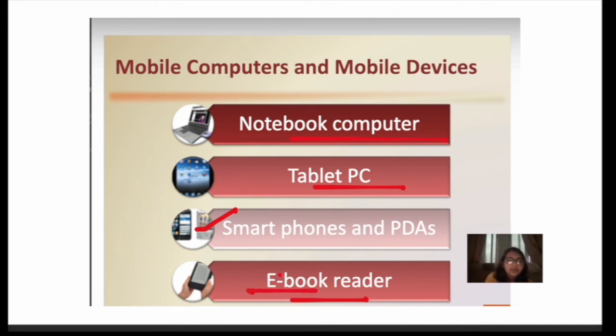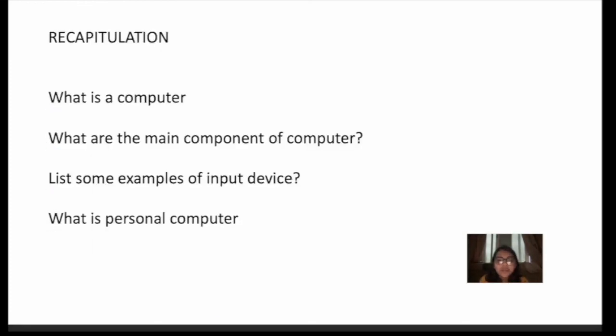Then let's see what is next. Recapitulation part, students. Here you can see: what is a computer? You have to define what a computer means. We can say a computer is an electronic device where we can communicate with each other, and if we give an instruction, it will give us an output. And what are the main components of a computer?